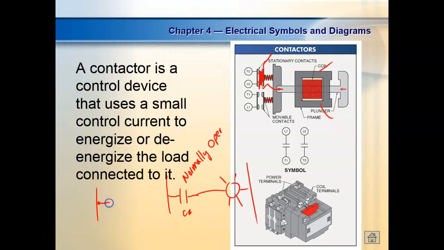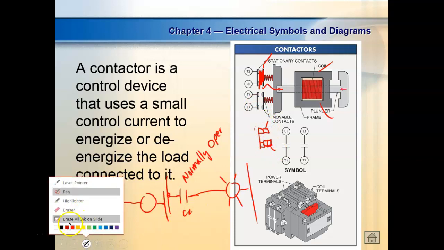The symbol for normally closed contact looks like this. It has a line through it. So the normally closed contact, and I don't have it drawn the way it should be. So normally closed contact, while the relay is de-energized, would be like this. So power would be down here. So what would happen is that now current could flow.